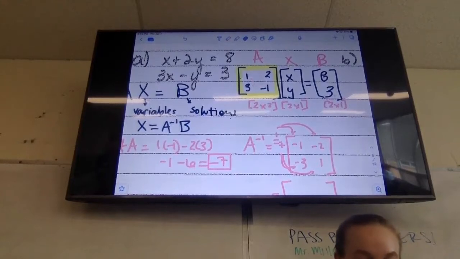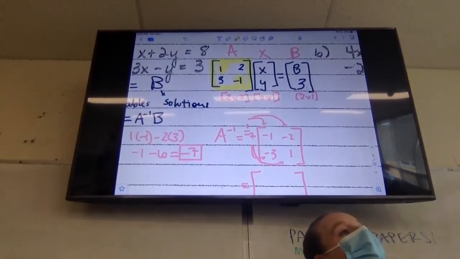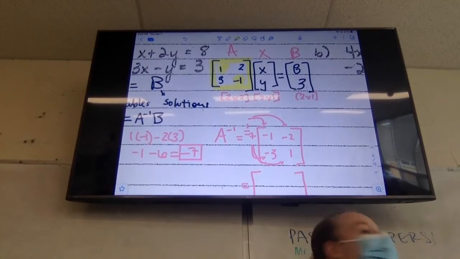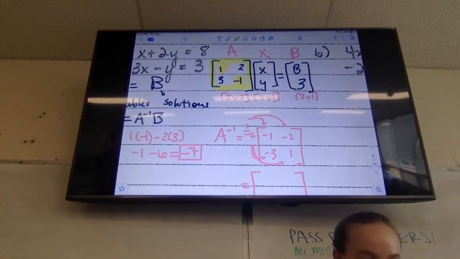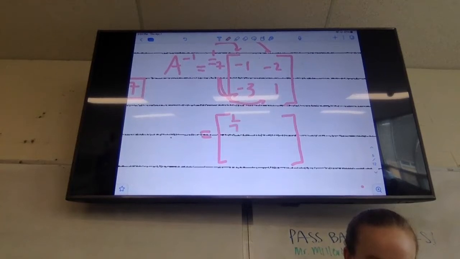But once we found the determinant, then we switched A and D, and B and C's sign changed. You wouldn't get the same answer. Yeah, good question. One over 7, 2 over 7, 3 over 7, and -1 over 7.